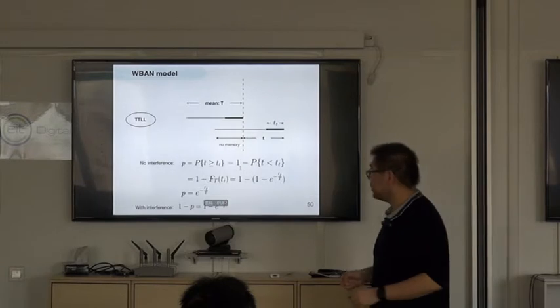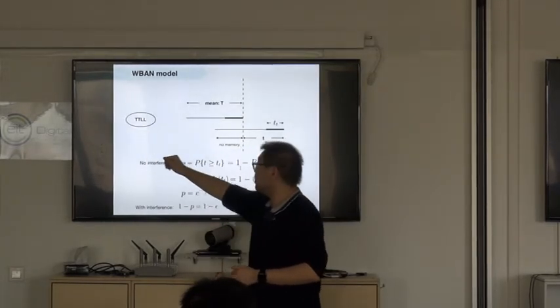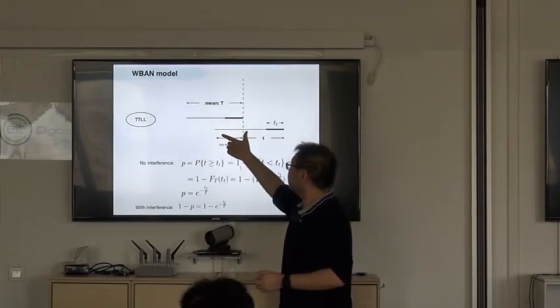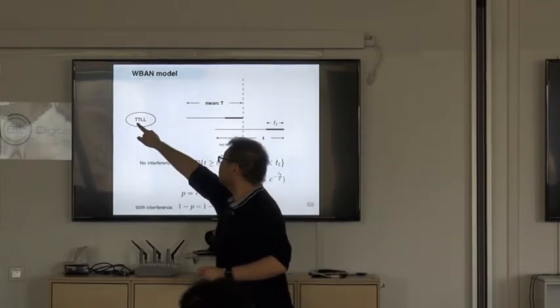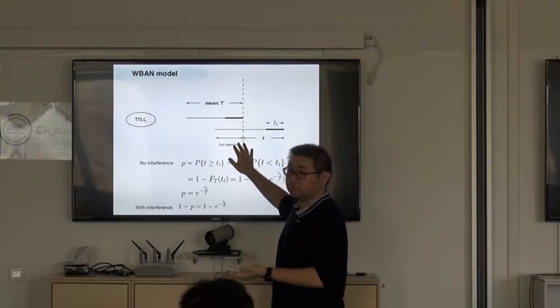So in this case we have 2T here and 2L here. The first one can finish its transmission, and the second one will finish its transmission after the first one.